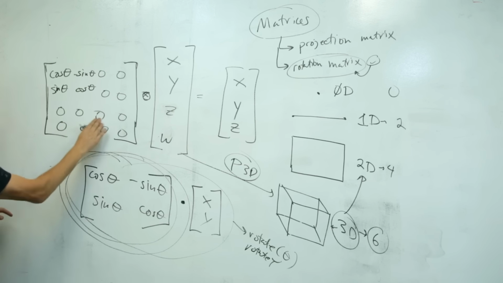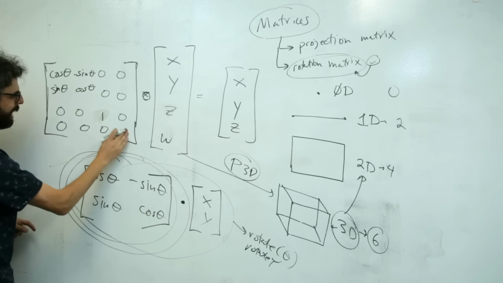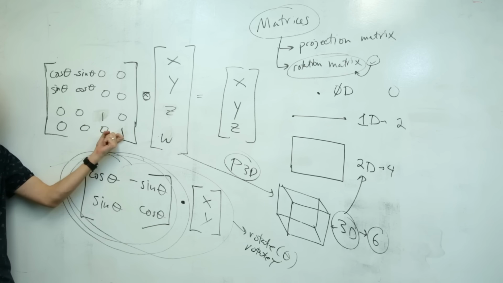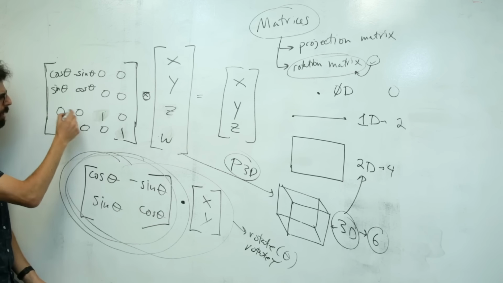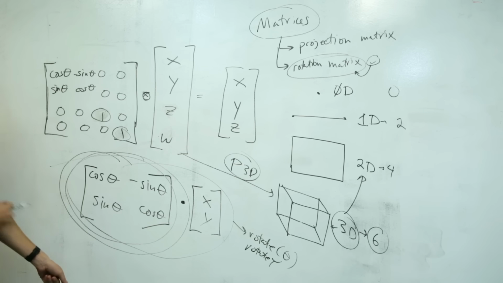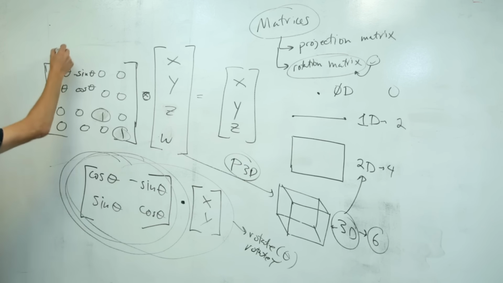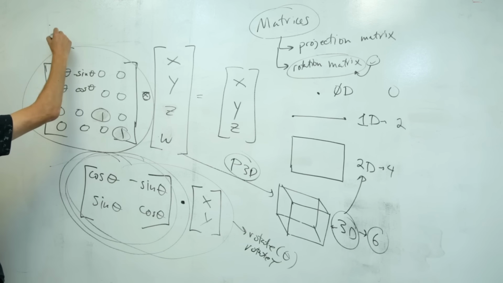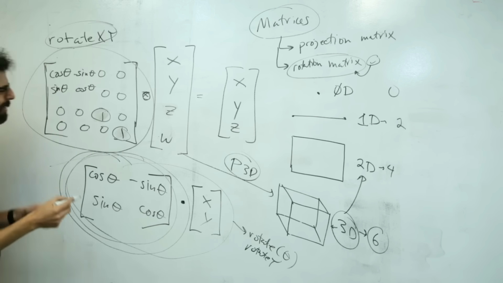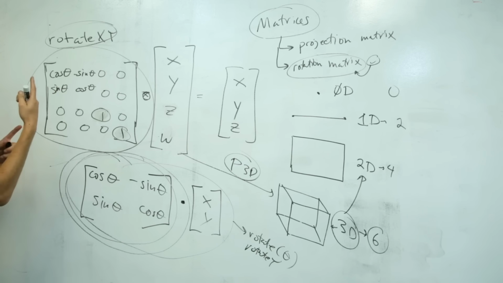And this has to be a 1, apologies, and this has to be a 1, because it's the identity matrix for y and z, basically, identity being just a 1 in those areas. I don't know if that's the right way to phrase it. But anyway, this is the rotation matrix. For 4D, I'm going to call this rotationXY. And actually, what I was doing in rotateY would be XZ.